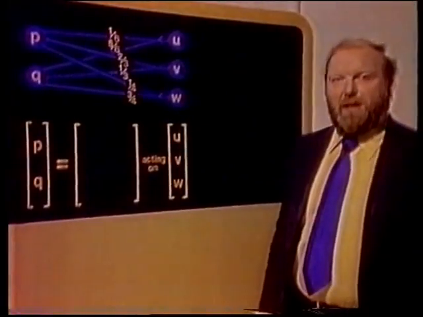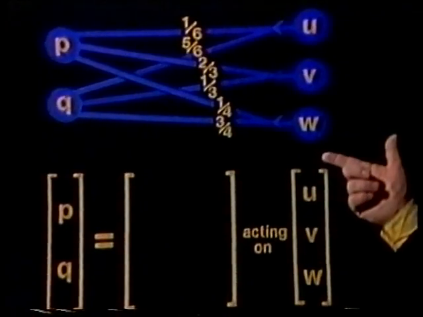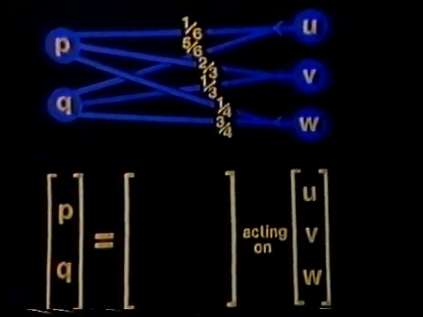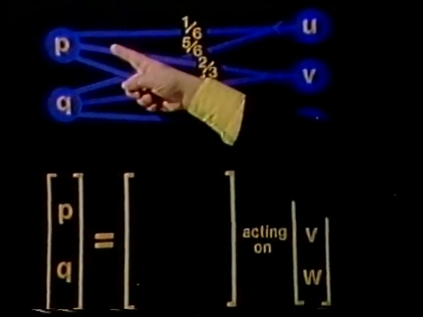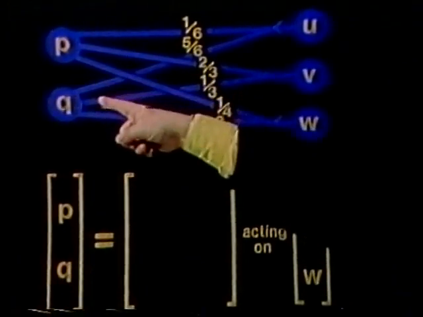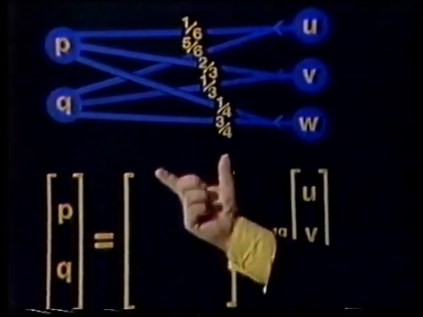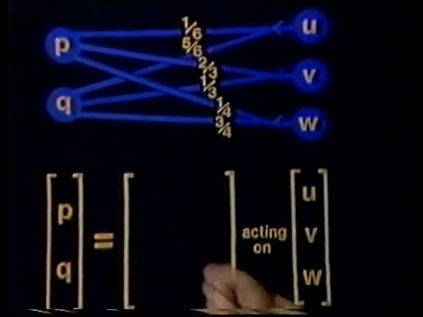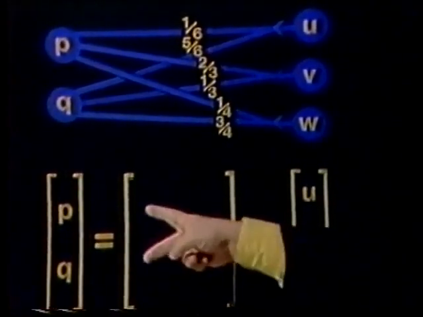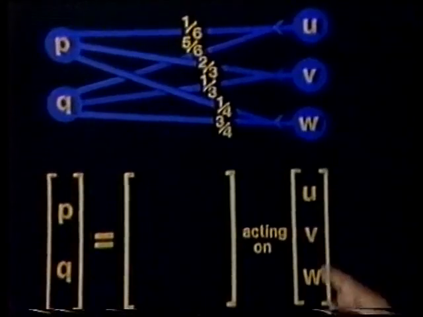So let's see how all that applies to our second network. This time we have 3 inputs, so each output is the sum of 3 quantities. And once we set up the matrix, each output will be given by acting with each row on the column of inputs.